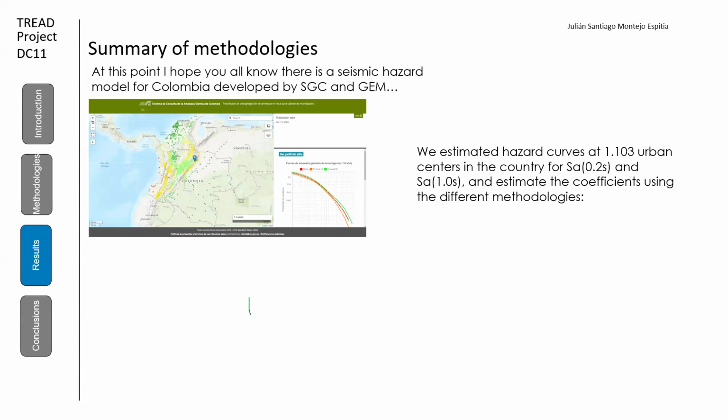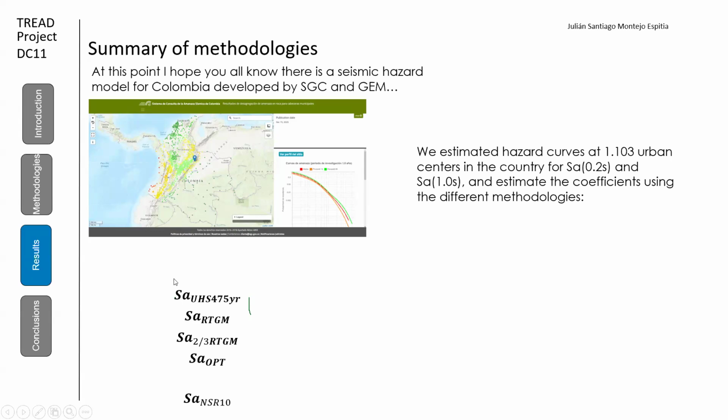And we estimated the hazard curves at 1,100 urban centers in the country, assuming rock conditions, using SA at 0.2 and 1 seconds, which are the most used intensities for design codes. And we estimated the seismic demand using the different parameters.